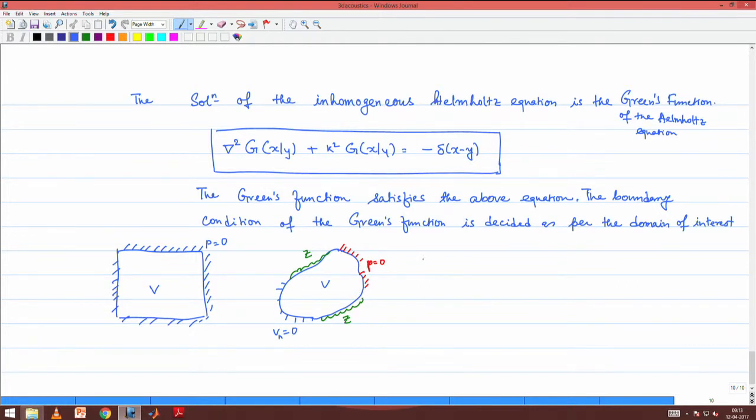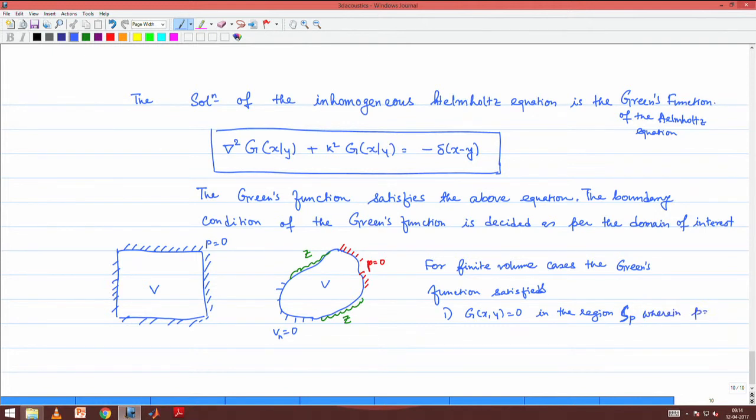So, the moral of the story is this: for finite volume cases, the Green's function satisfies either g(x, y) equals 0 in the region S_P, wherein p equals 0.